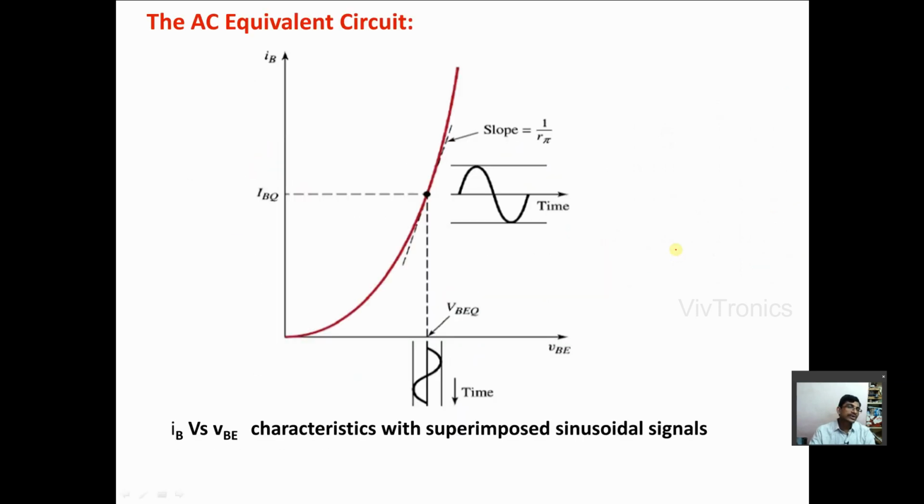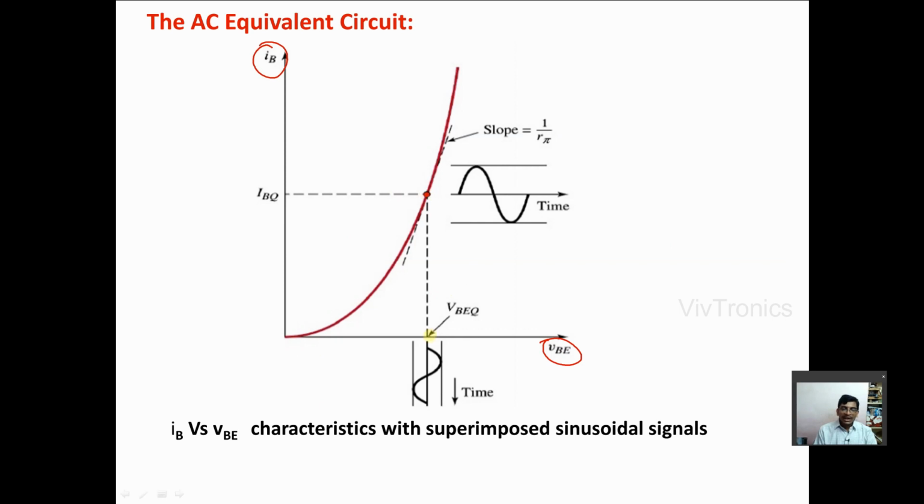Next, we are going to discuss the AC equivalent circuit. So this is a curve drawn between the input voltage VBE and the input current IB. This is the input characteristics curve. It looks like the diode forward bias characteristics, because at the input side of our transistor we have the PN junction that will give you this type of curve only.